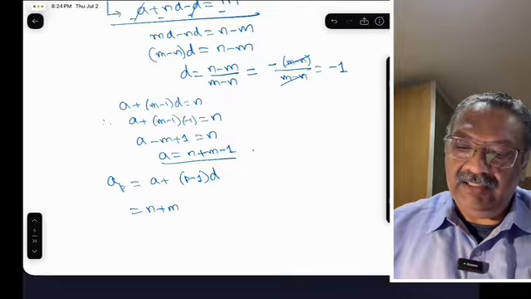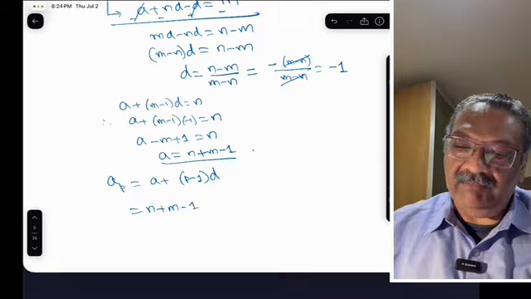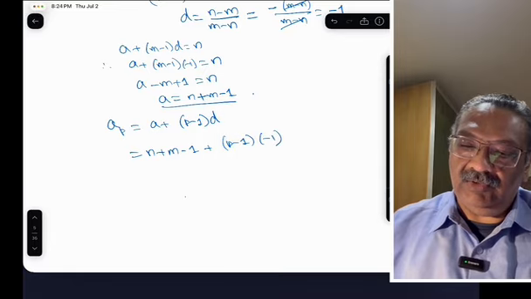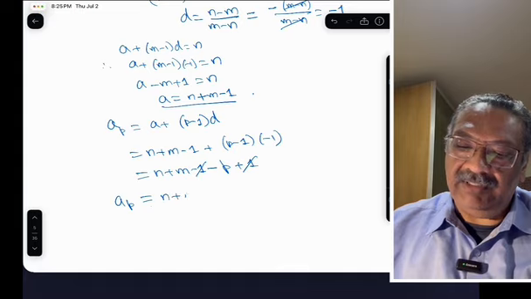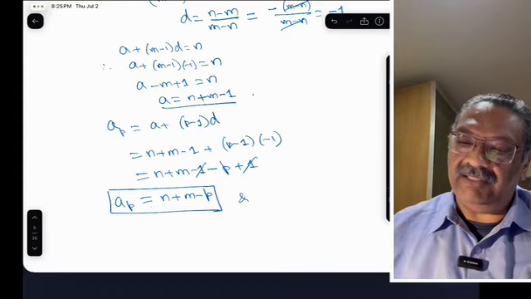A is n plus m minus 1, plus p minus 1 into d, which is minus 1. So we get n plus m minus 1, p into minus 1 is minus p, minus 1 into minus 1 is plus 1, minus 1 plus 1 cancels. So the pth term will be n plus m minus p, and the common difference is minus 1.